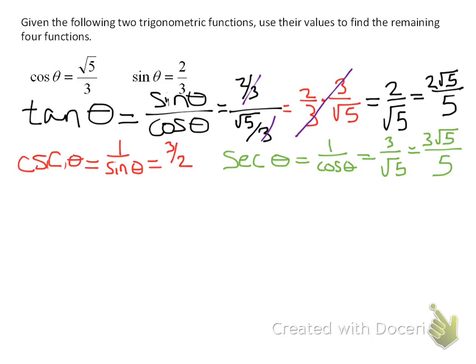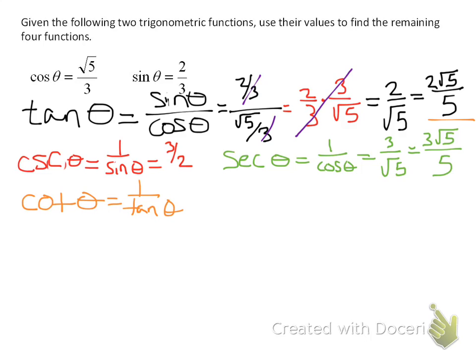And then our last one is cotangent. And you guys know that cotangent is the reciprocal of tangent. Okay, now we don't want to reciprocate our final answer up here, radical 5 over 5, because if we reciprocate that, then we're stuck with a radical sign in the denominator, and then we have to re-rationalize my denominator.